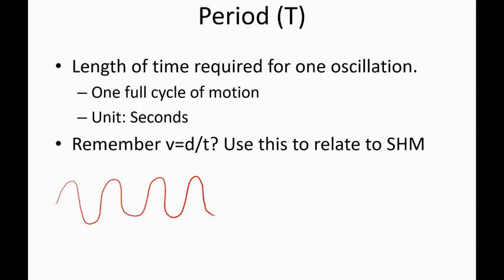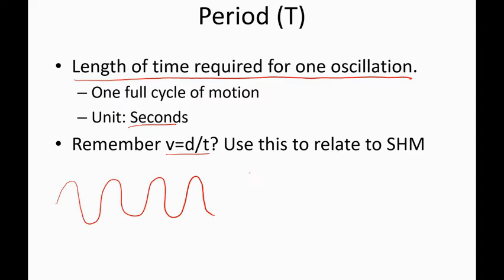So period is the length of time required for one full cycle, and we measure that in seconds. Now, something that we looked at in the last video is remembering that velocity equals distance divided by time. If you're looking at your sinusoidal motion, your distance can follow a circle.